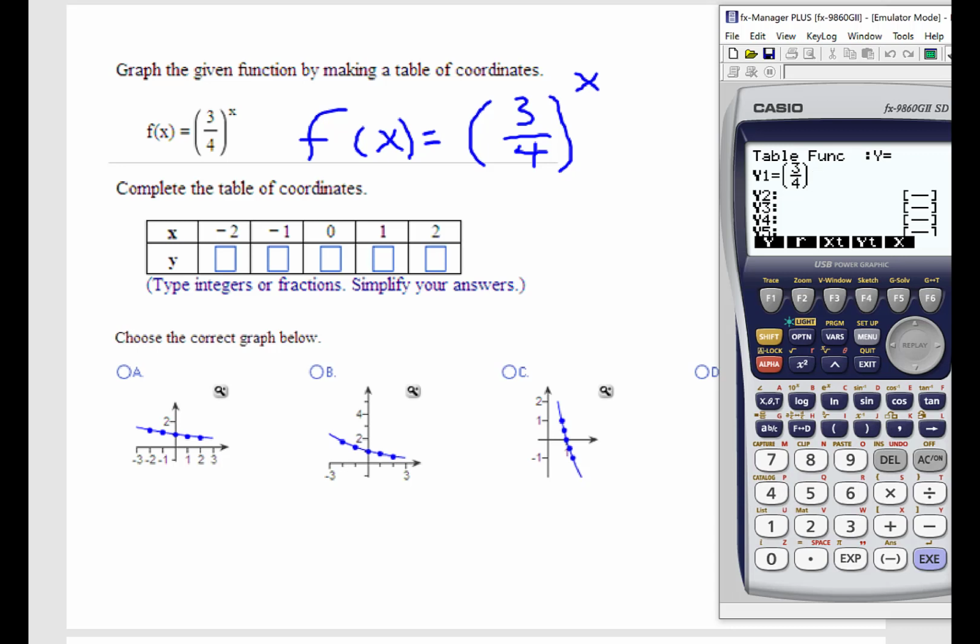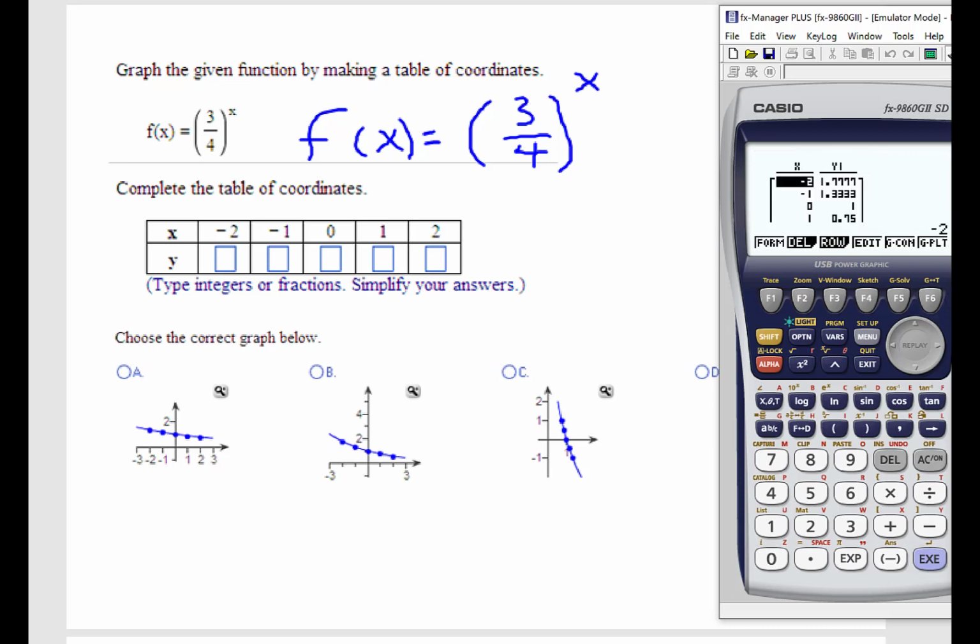So 3/4 raised to x. And notice I put it in parentheses, so the entire 3/4 is the base. It's not 3 raised to the x power over 4. It's 3 over 4, that being the base, raised to the x power. So let's see how that table looks.